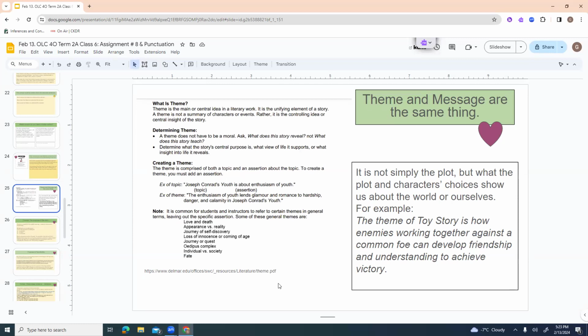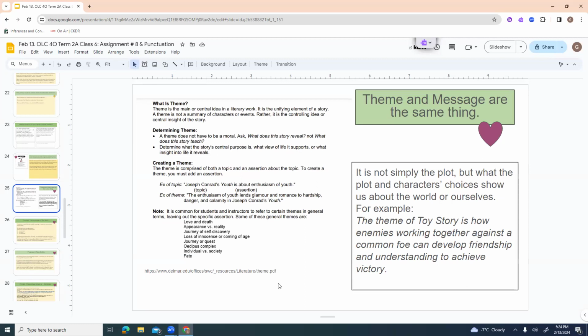The theme would be the enthusiasm of youth lends glamour and romance to hardship, danger, and calamity in Joseph Conrad's Youth. Now, having said that, sometimes when people are talking about certain themes that are very common, they may just refer to them in very general terms. But because these questions are specifically asking you to write long, I wouldn't want you to do that, right?